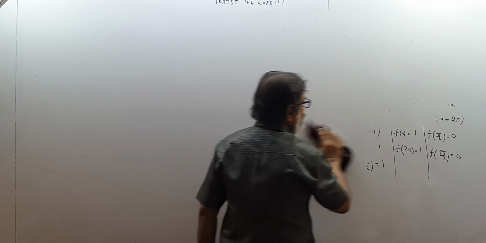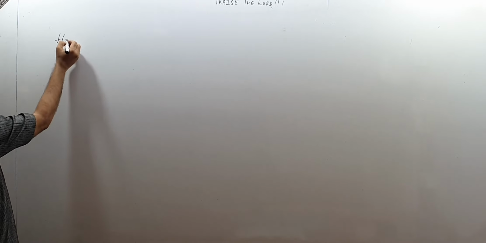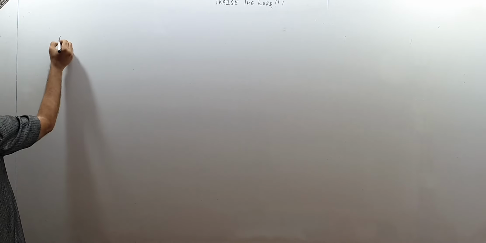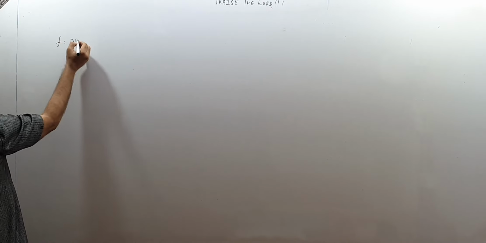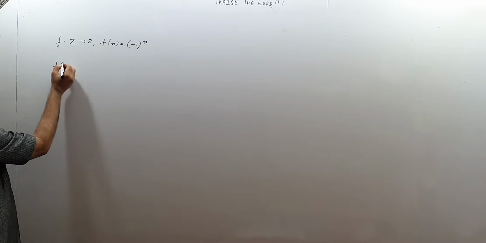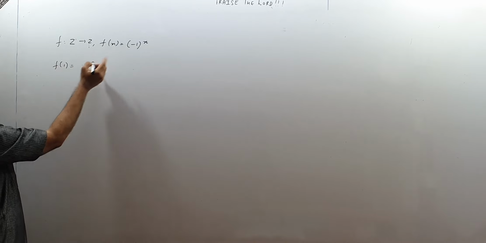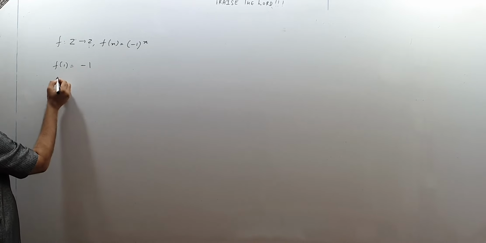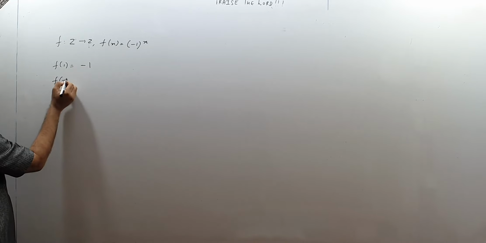Now see, children, supposing I am having a function f from N to N, or Z to Z supposing, and f of x equal to minus 1 raised to x. What will be f of 1? Minus 1 raised to 1, minus 1. What will be f of 2?